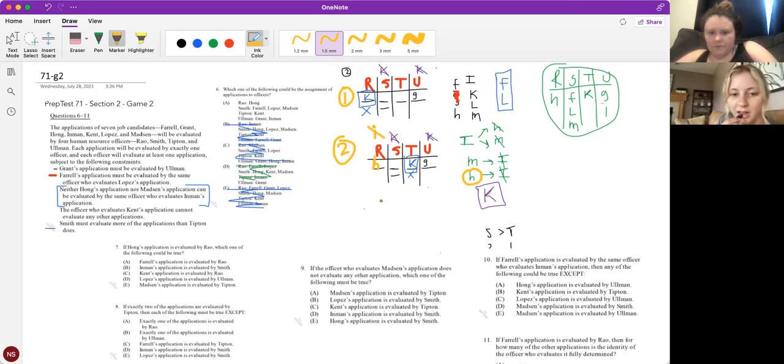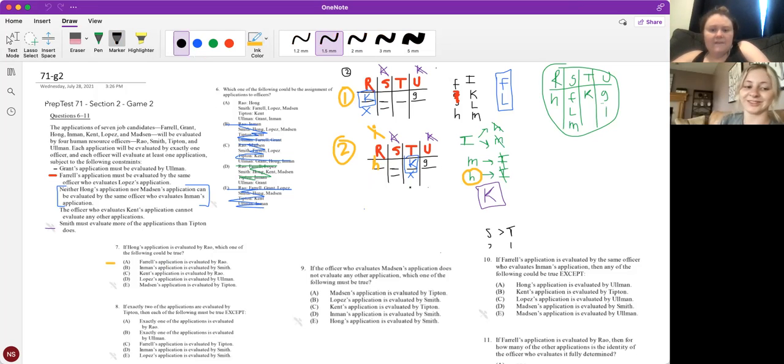Okay, let's start with A. Could F's application be evaluated by R? No. Why do you not think so? Because there's only one space. Well, there could be more spaces there. We only have 5 of the 7.